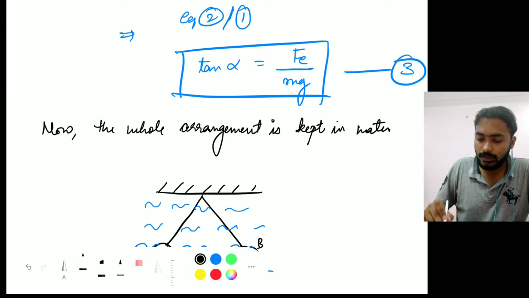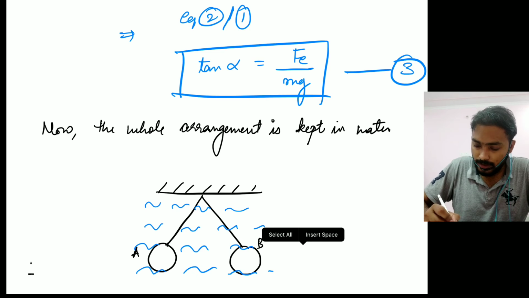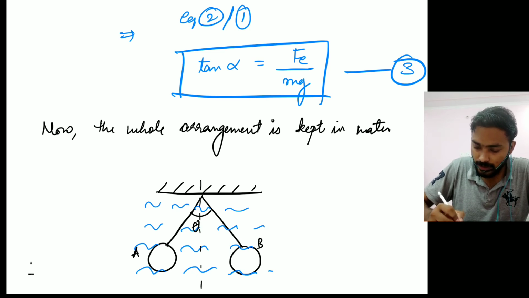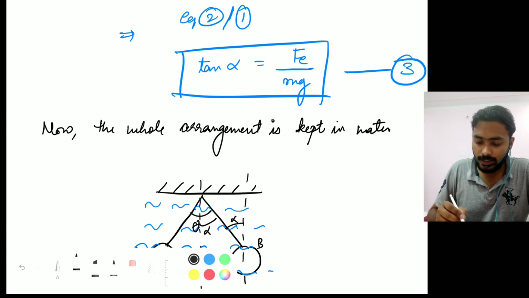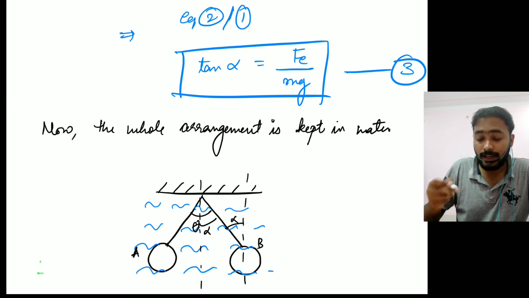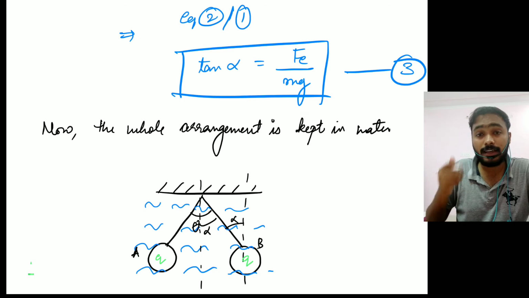Okay, great. So obviously the angle is still theta according to our question. I can write this as alpha, again alpha, same thing. Now this time again q charge, and because of the string there will be a tension.